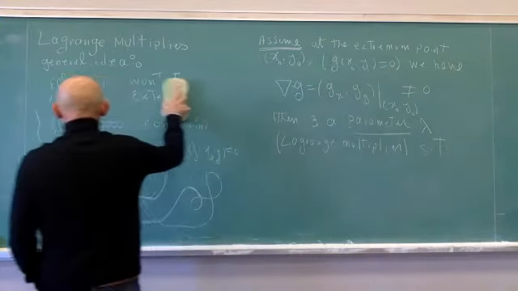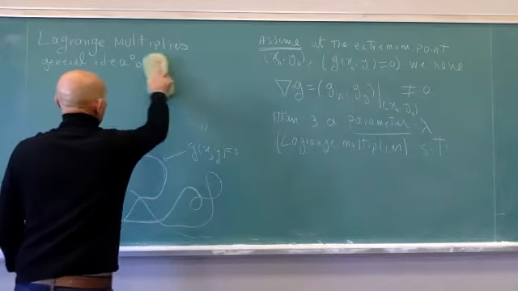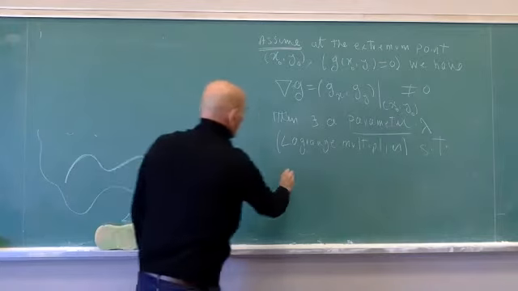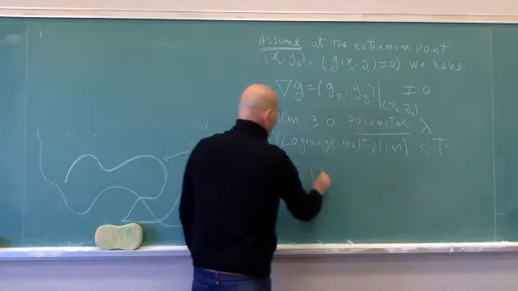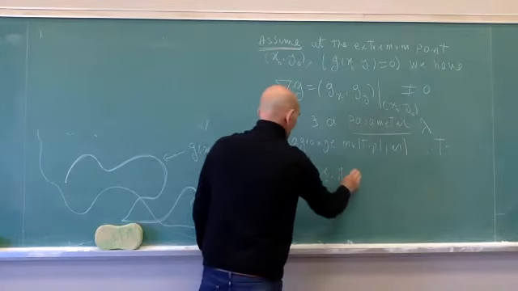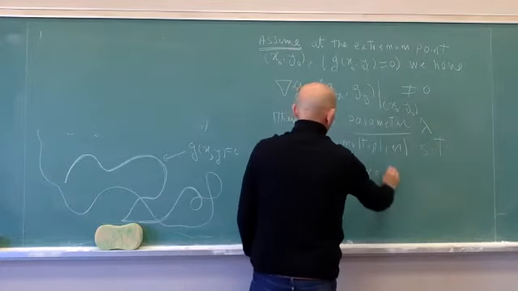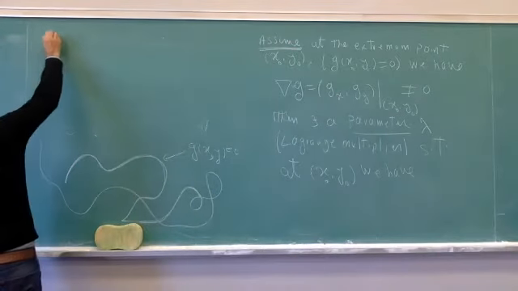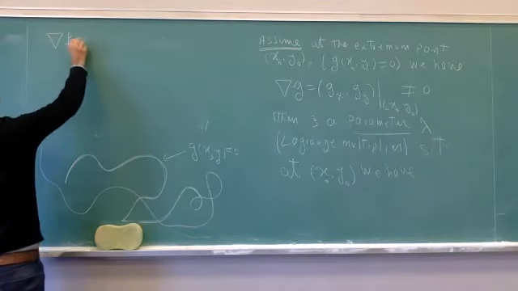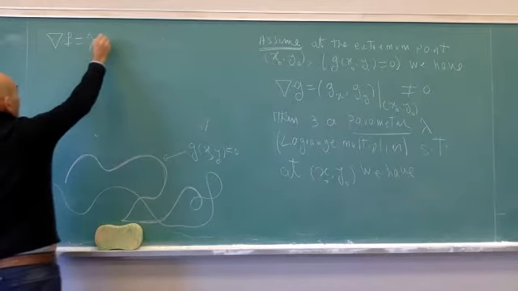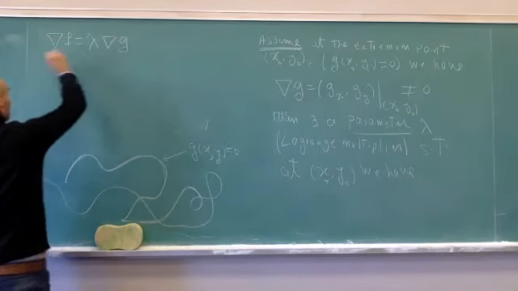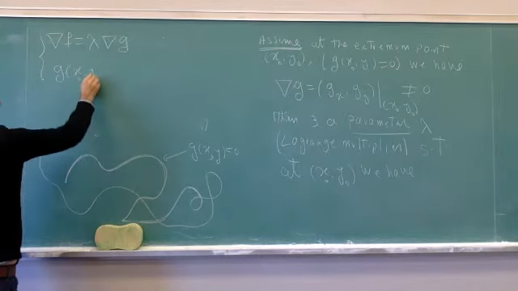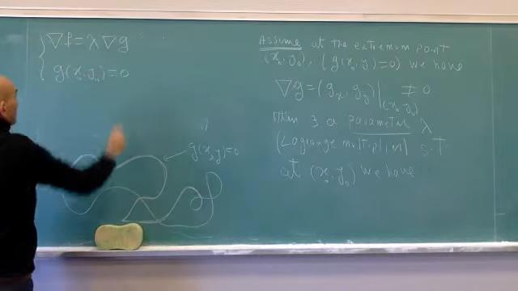The first equation is that the gradient of f is a multiple of the gradient of g, such that at x0, y0 we have gradient of f equal to lambda times gradient of g. And of course, g of x0, y0 is equal to 0.